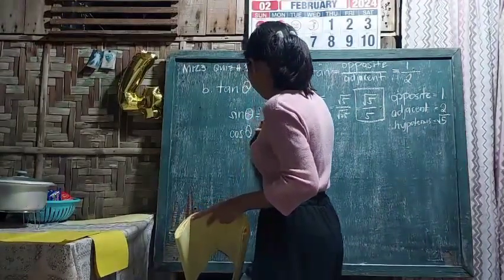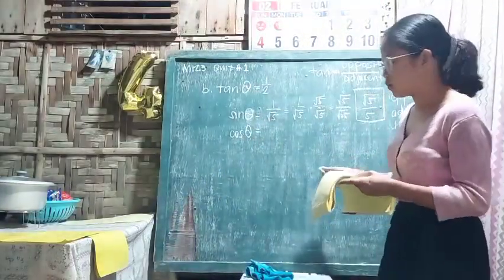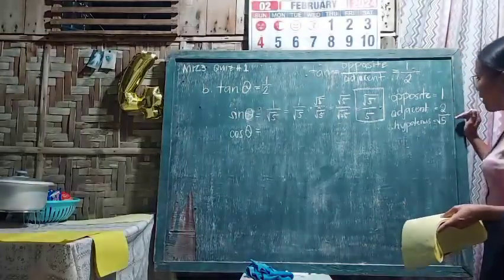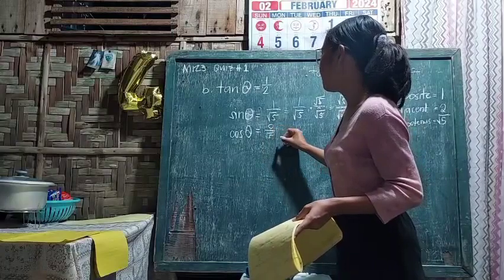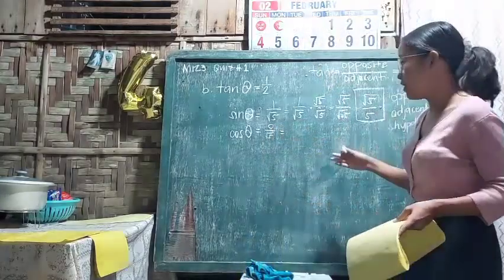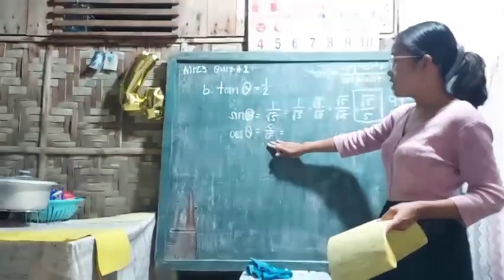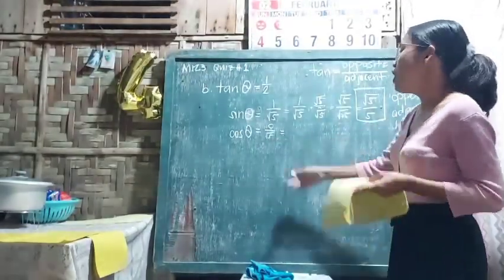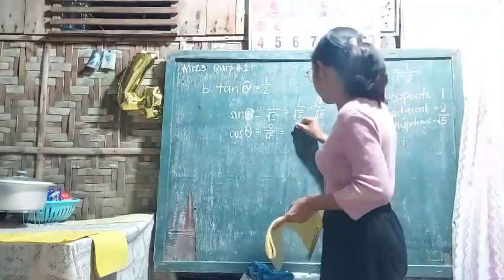For cosine theta, our cosine is equal to the adjacent over the hypotenuse, so we have 2 over square root of 5. Same as our sine, we can't have a radical as a denominator, so same process, we're going to rationalize it.